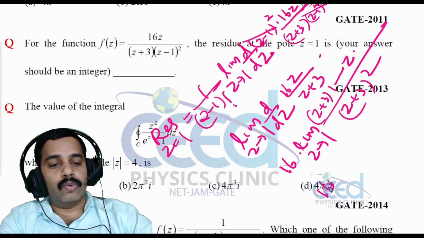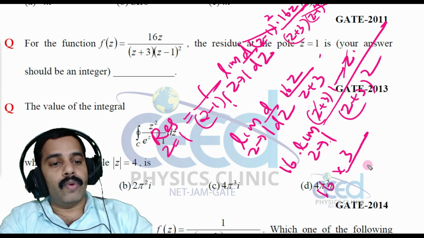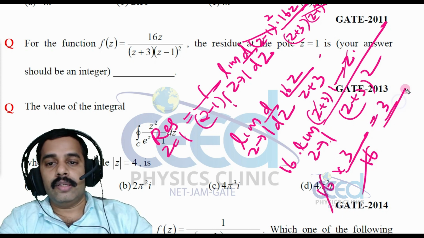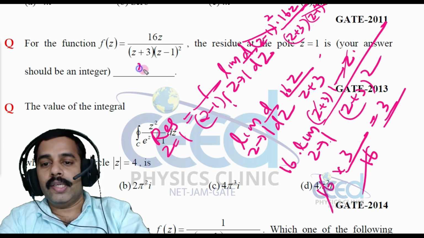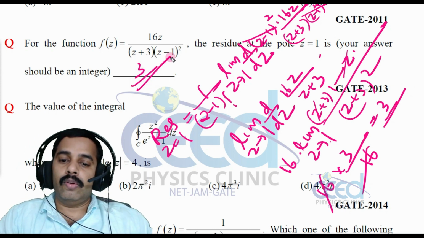So that is equal to 16 into, now we can substitute, z and z will cancel, 3 by (z plus 3) whole square, that is 3 divided by 4 square at z is equal to 1, that is 16. So the answer is 3. The answer should be an integer, that is equal to 3. All right.